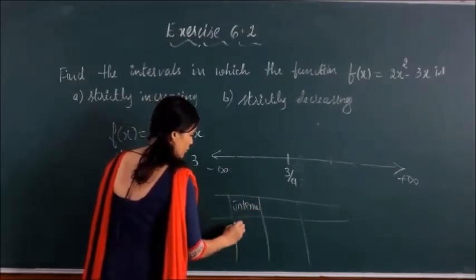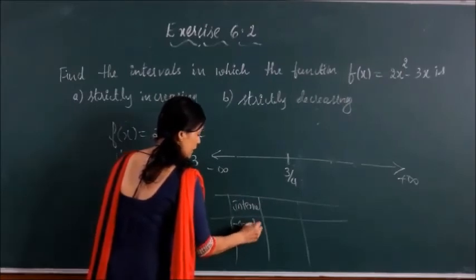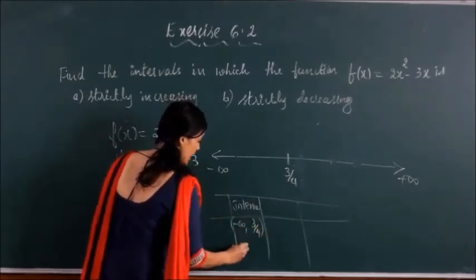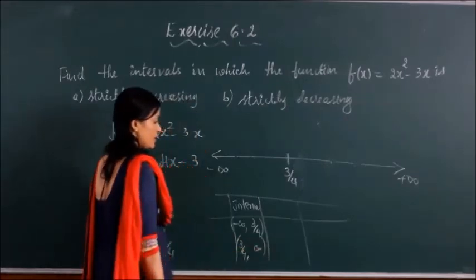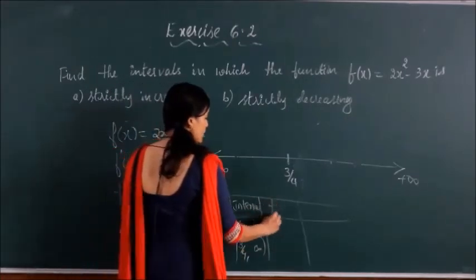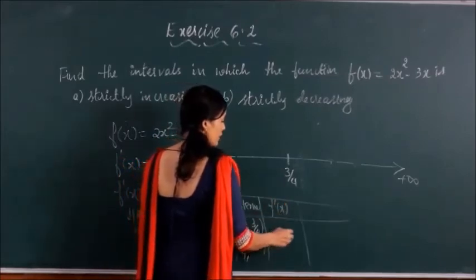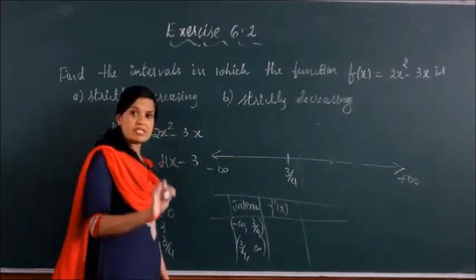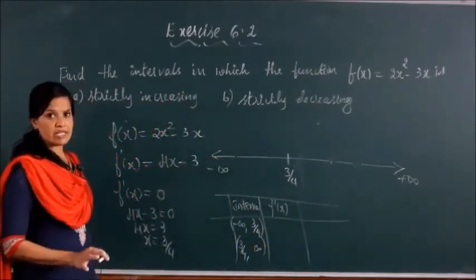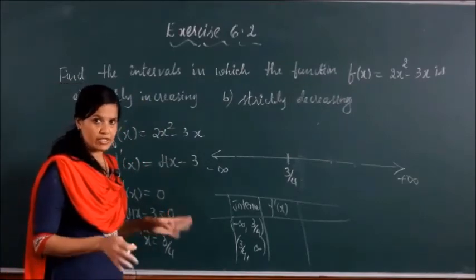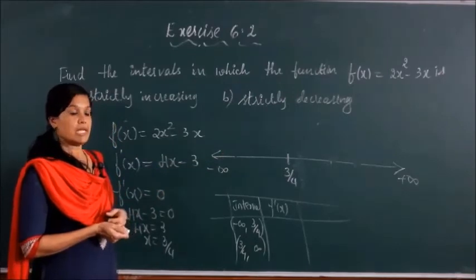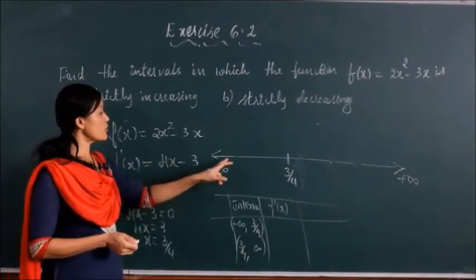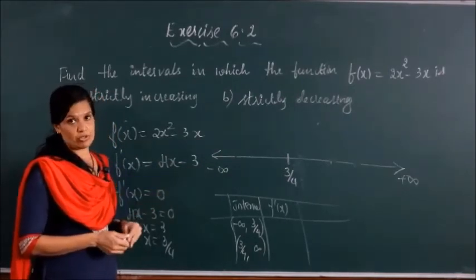Two intervals I get: minus infinity to 3 by 4 and 3 by 4 to plus infinity. The procedure is the same: if it is strictly increasing, f dash of x is greater than 0, and if it is strictly decreasing, f dash of x is less than 0. So in this interval, how do we find whether f dash of x is greater than 0 or less than 0?